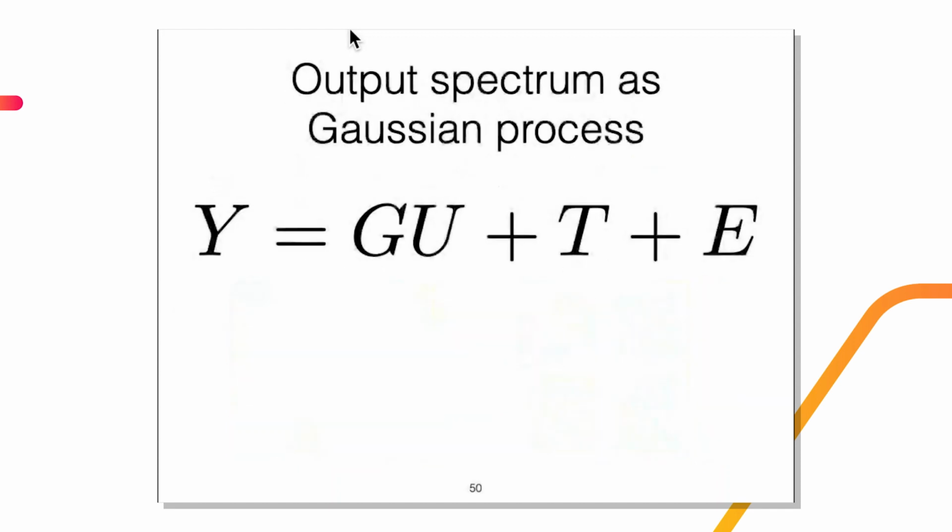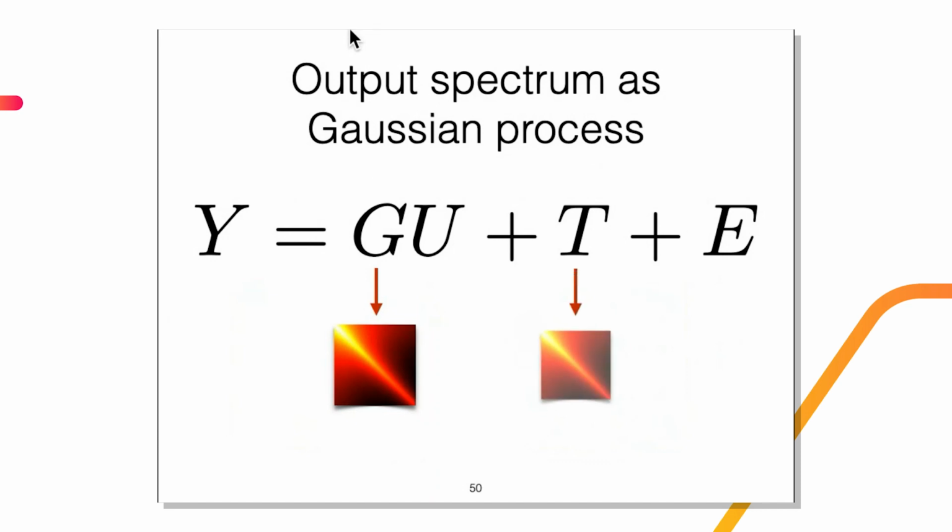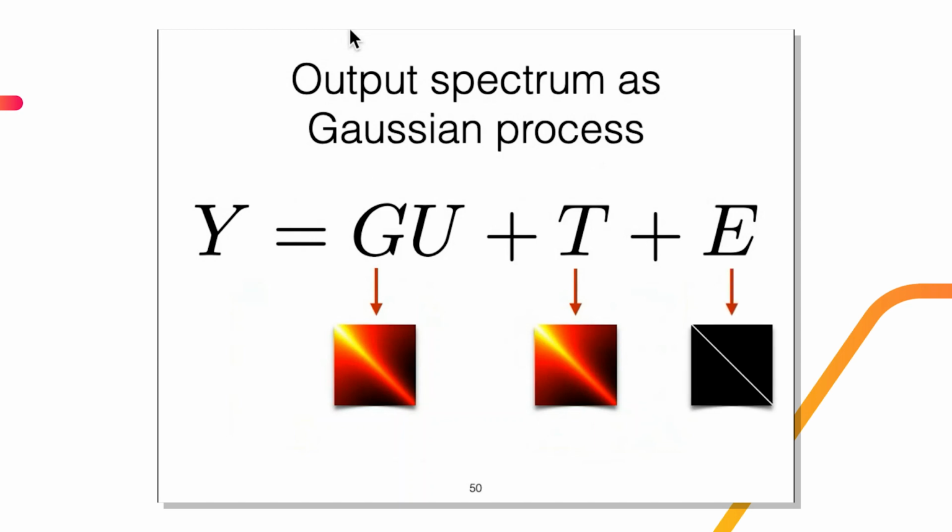So, Y is equal to G times U plus T plus E. G is described with prior knowledge, this kernel that we defined. T, since it's very closely related to the transfer function, has the same pole, so it has the same decay rate, we'll use the same kernel. E, assume for now that the noise is uncorrelated in the frequency domain, so it consists of a diagonal matrix.